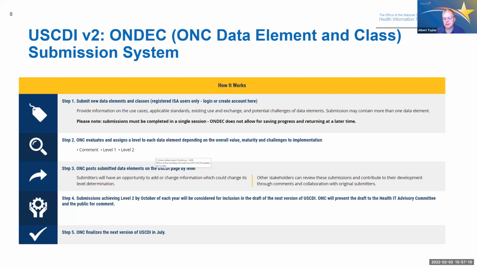And then in July of each year, and we're hoping for the second year in a row, we'll publish a final version of USCDI version 3 based on all of that input that we get over the next couple of months. We did that last year. We published USCDI draft V2 in January, and then in July of last year, we published the final version of USCDI version 2, also available on the USCDI website.